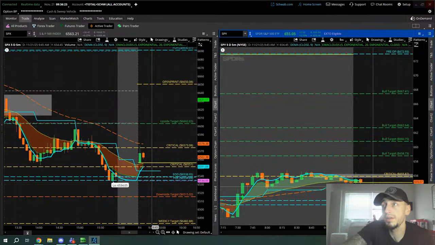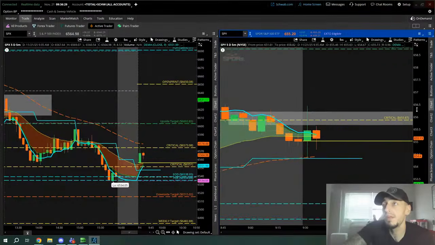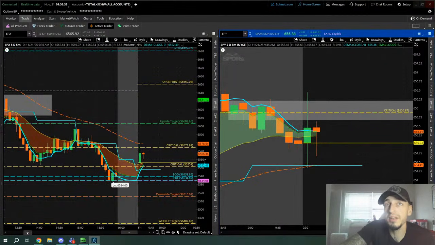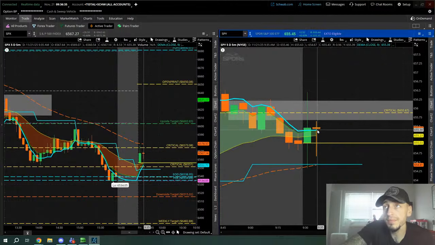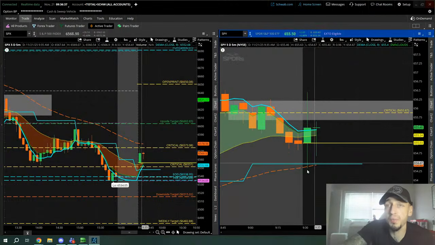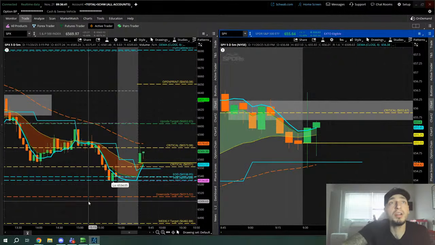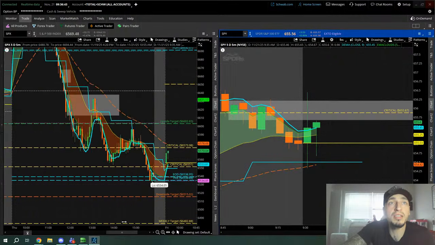It looks good, but I am not in it yet. I see sellers trying here, but I see buyers defending that 1 hour trend very well. So let's just stay a little patient here. Let the market tell us.